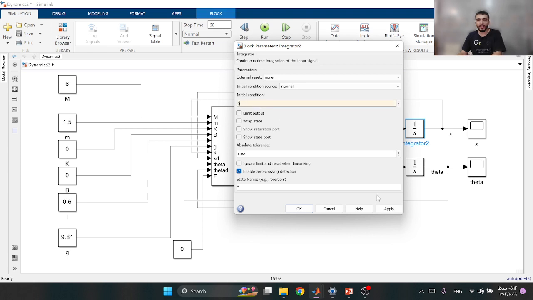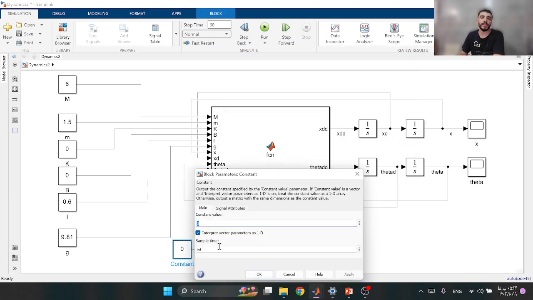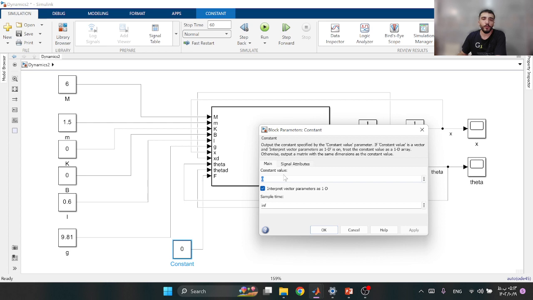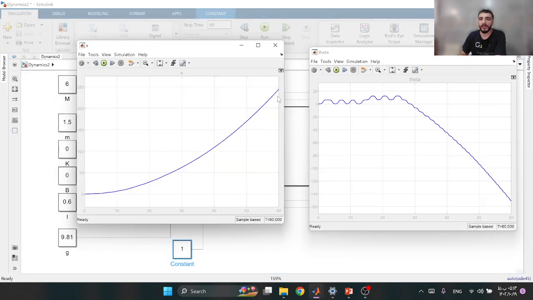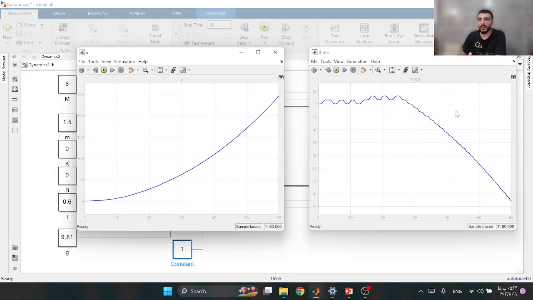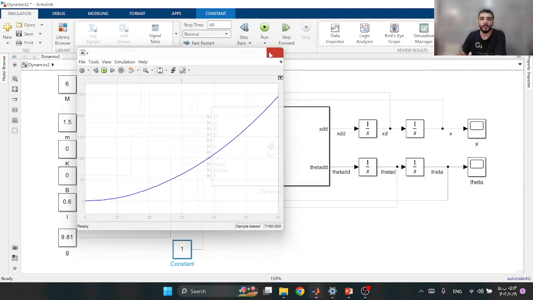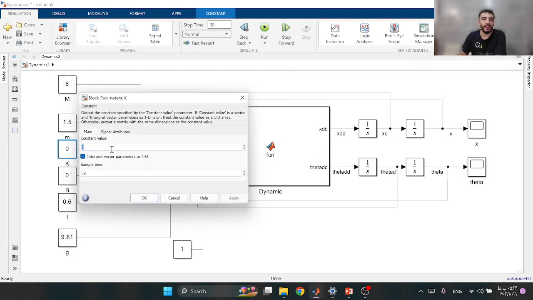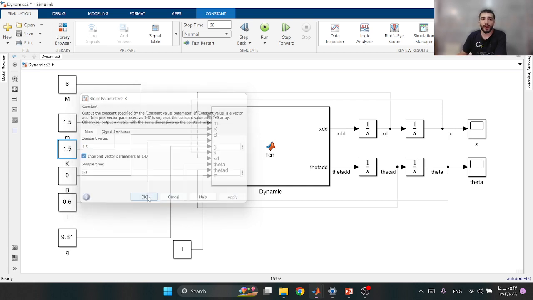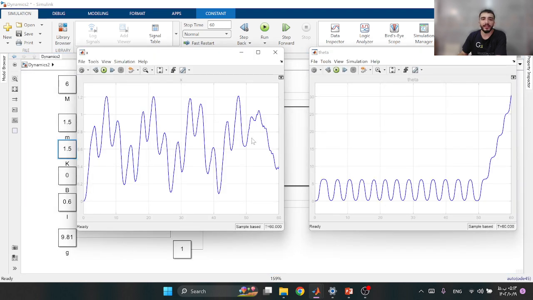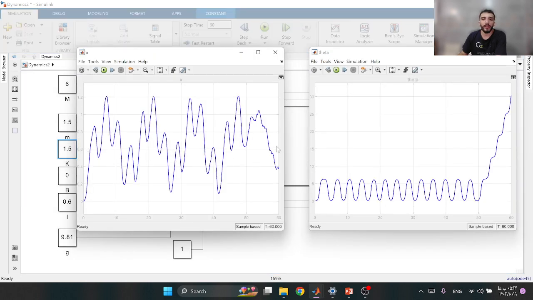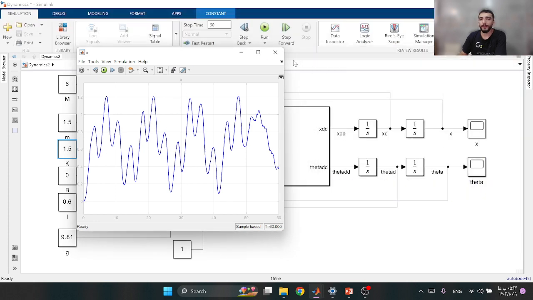I will change the initial condition here, and I want to set some value for F here, for example 1 Newton, to apply on the system to see how the system changes. We can see theta and x here. If we add the spring coefficient here, for example 1.5, and run the simulation, we can see that the system is performing like this, x and theta.